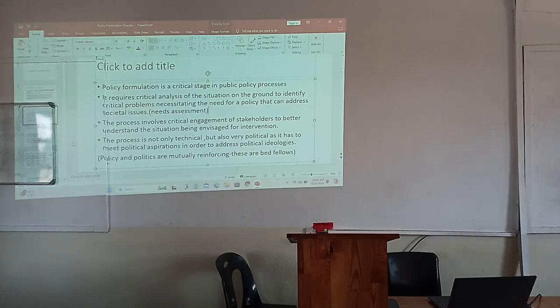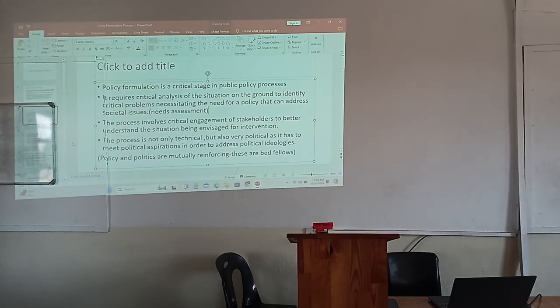So once you have drafted it, and at stakeholder analysis, you include relevant people that can give you input into your policy and also maybe help you to analyze its effectiveness and acceptability.